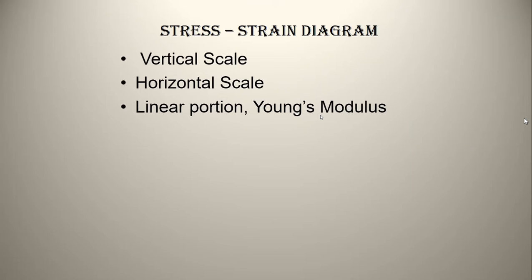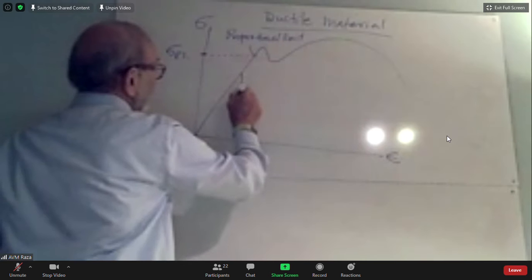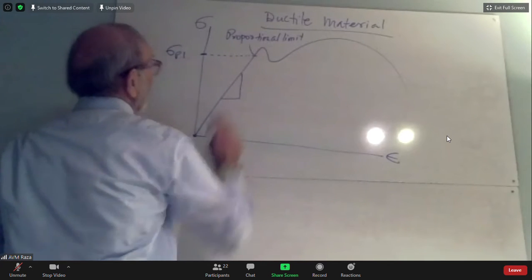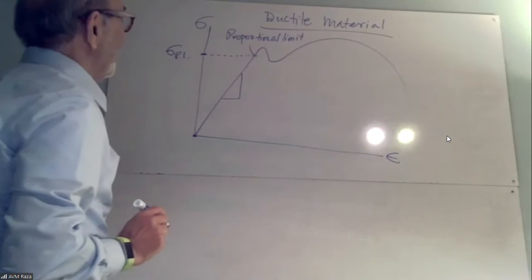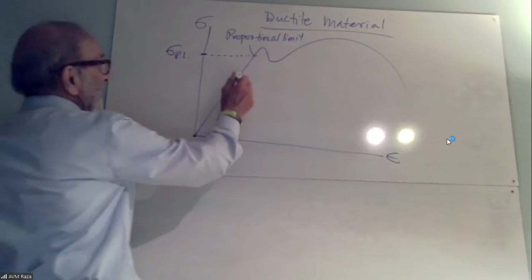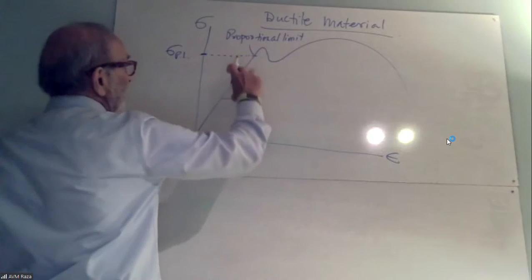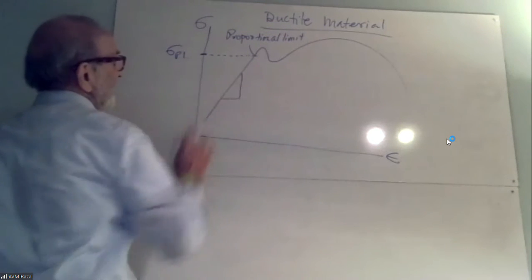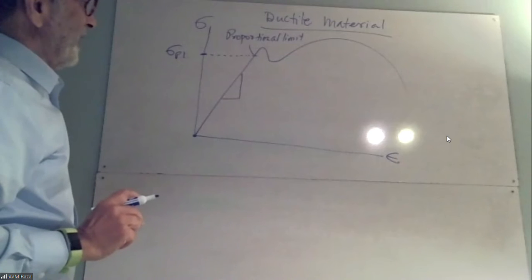Well, when we talk about the linear portion of this graph, what we are saying is that the slope of this linear portion is given by sigma divided by the strain epsilon.